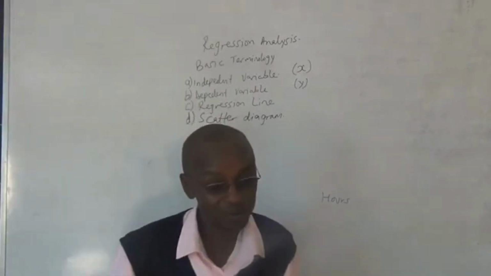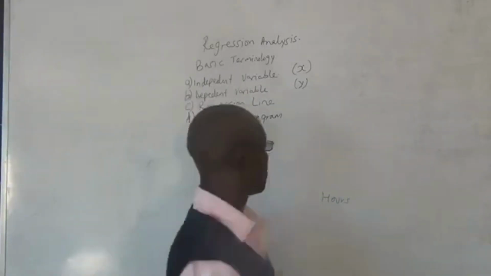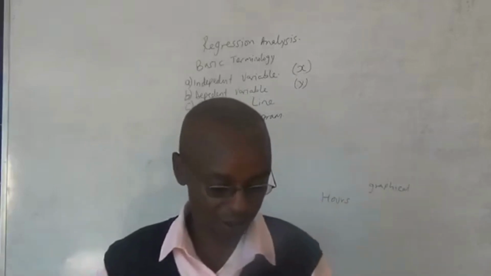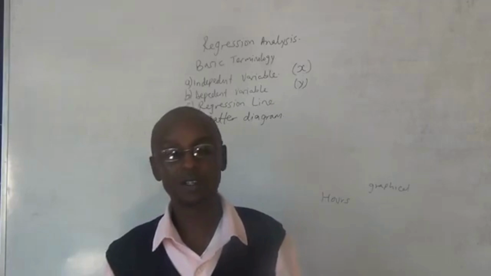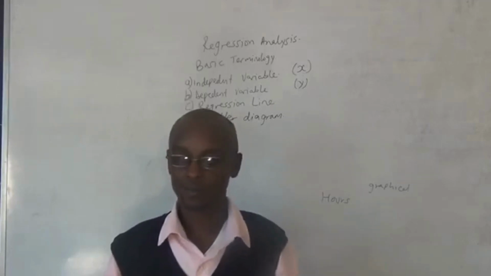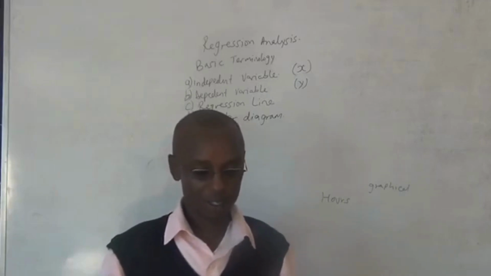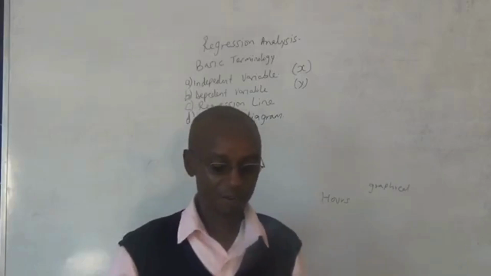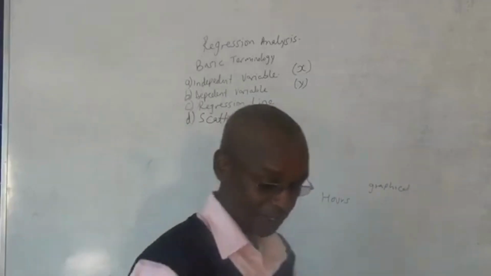A scatter diagram is a graphical representation showing the relationship between variables. Sawa, tunaendelea.